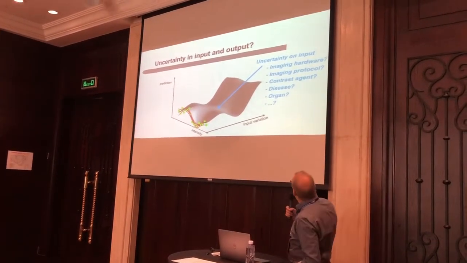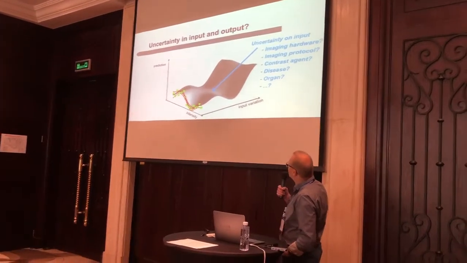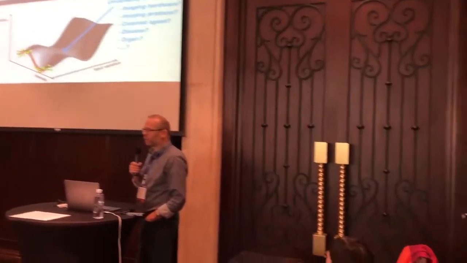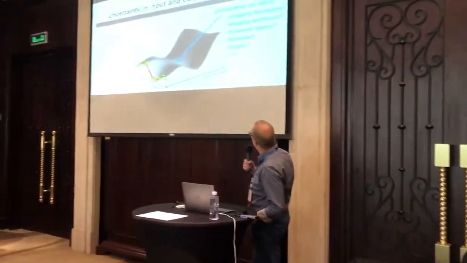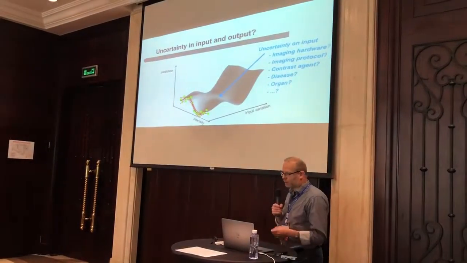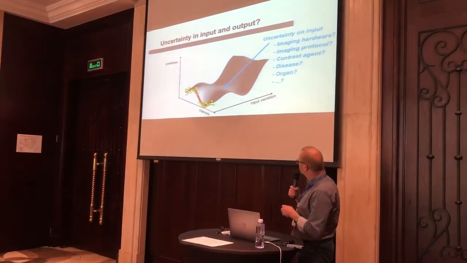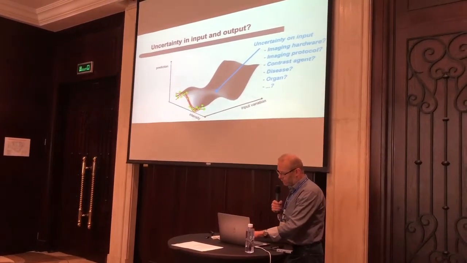We're all aware in MICCAI that people have different imaging hardware, especially for something like MRI. That's a big thing. You also have different organs, different diseases, so there's lots of variation that people don't necessarily talk about, and I want to talk about that.